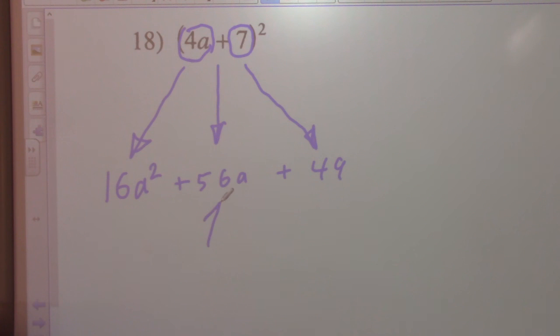This middle one is going to be your first times the last times 2. So whenever you have a binomial squared, you can use this as a shortcut. You think that might help you out with that? Harley, you think so? Yeah, so just something to look out for, okay?